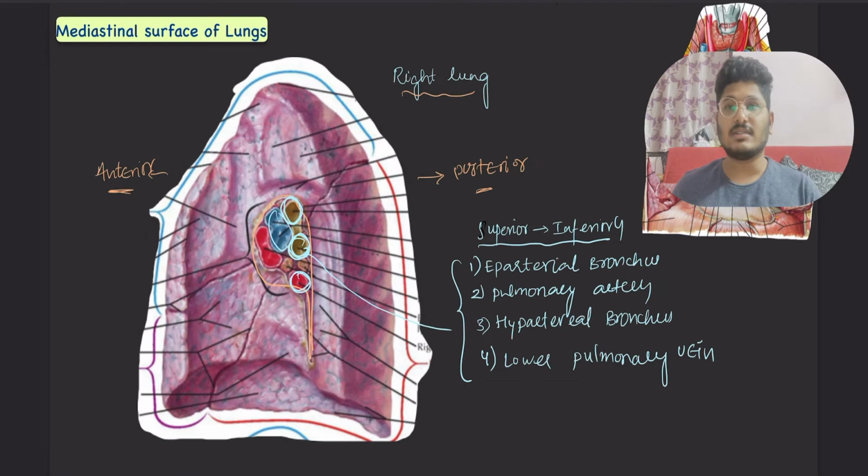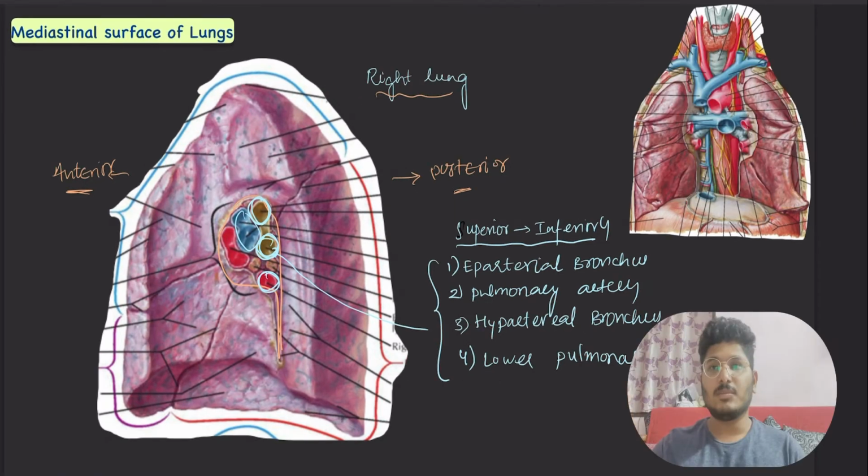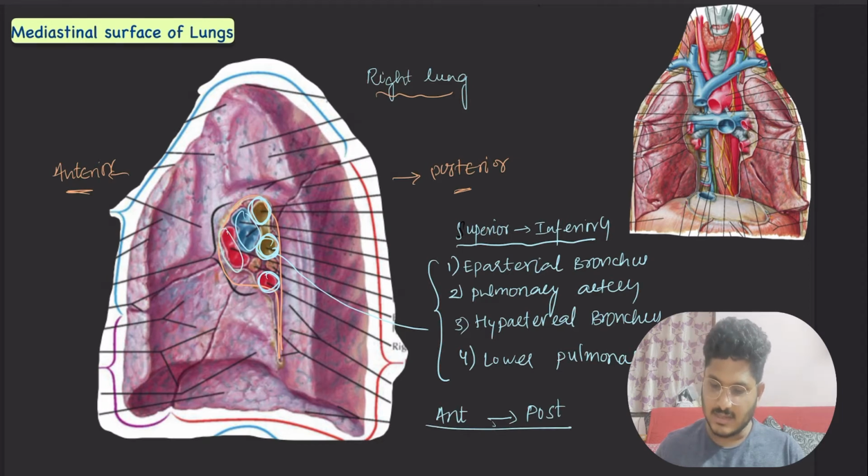These are the structures related from superior to inferiorly in the hilum of the lung. If we want to see the relation of these structures anterior to posteriorly, the anteriormost structure is the red color one which is carrying oxygenated blood, that is pulmonary vein. After that, posteriorly there is the blue color structure, which is the deoxygenated blood carrying pulmonary artery.